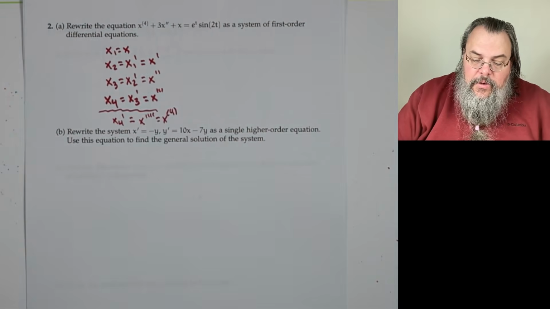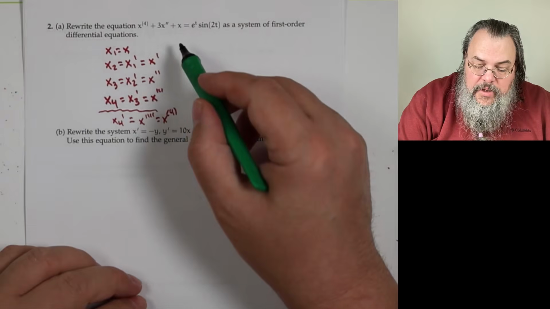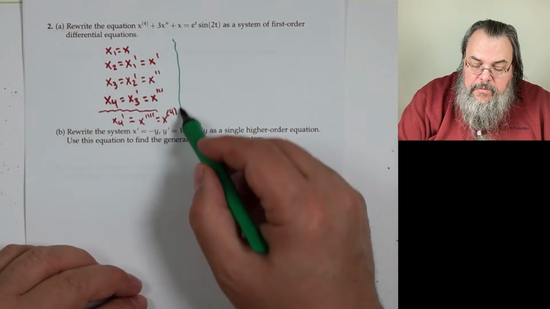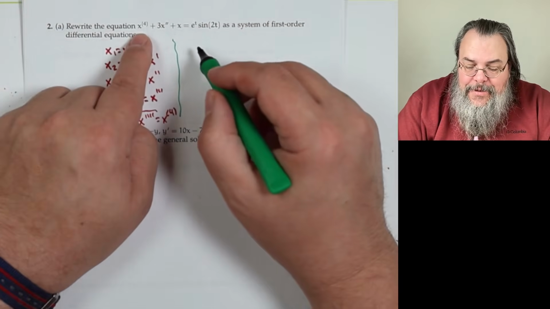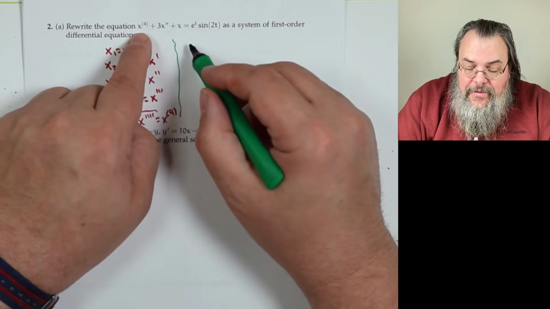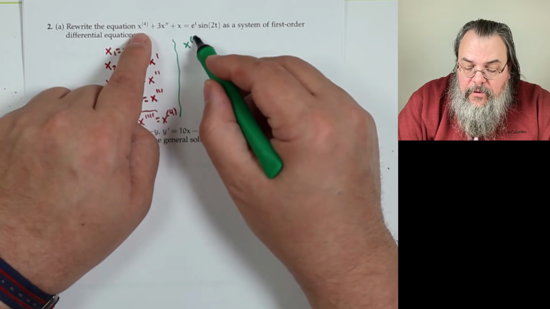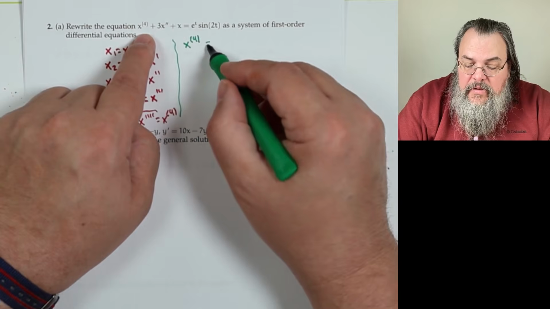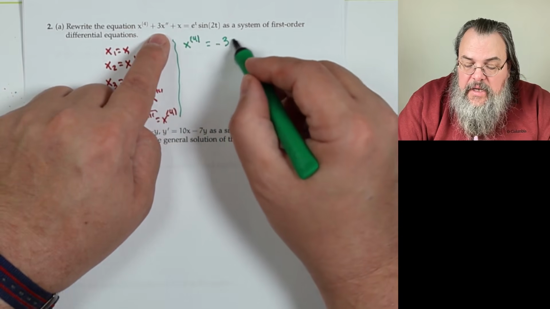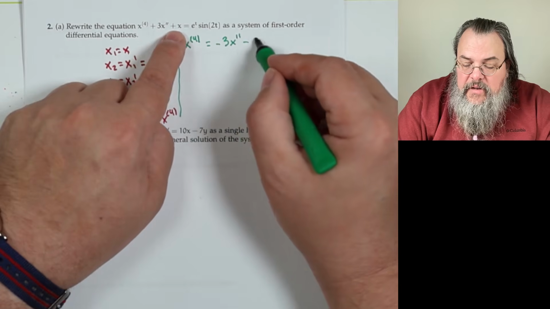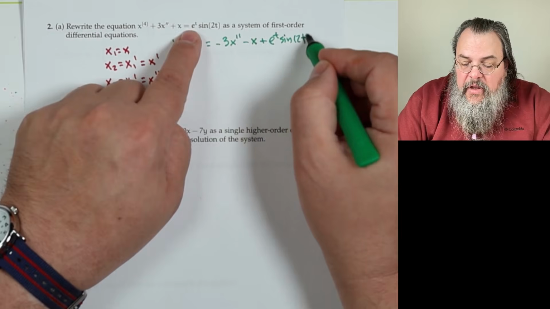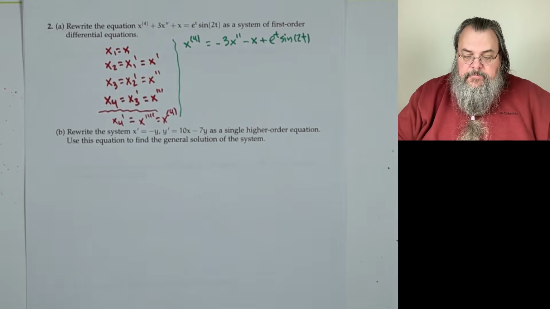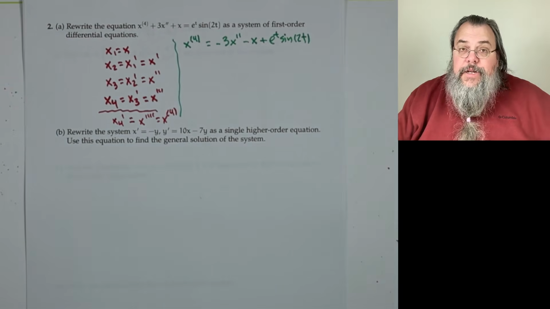Now, we're going to do one other thing, and then we'll put our answer down. We're going to solve for our highest derivative. So x4 is minus 3x double prime minus x plus e to the t sine 2t. Just isolate that highest one. And now we're ready to begin.